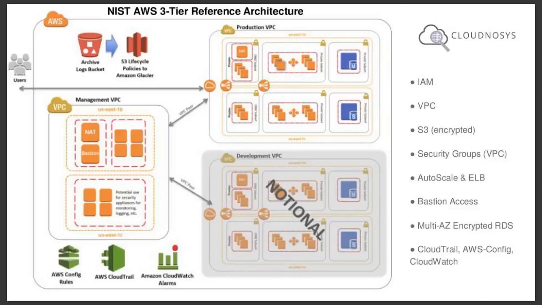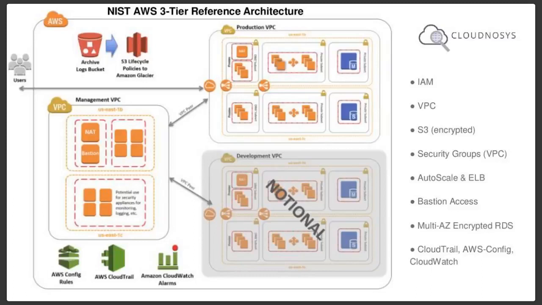This template will set up this infrastructure, which has a management VPC, VPC stands for Virtual Private Cloud, and then you have production VPCs, and then you could have multiple development VPCs. If you notice, within the production VPC there's US East 1A and 1B, which means it's being replicated for high availability, and that's required by the compliance regulation.